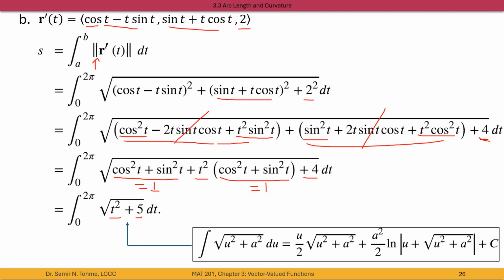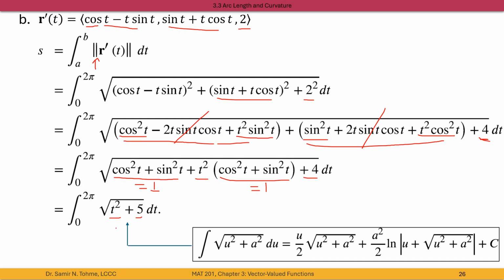integral using this identity. I wrote it here. You don't have to memorize it. Whenever you have some complicated integrals and you want to use an integral identity, I will give it to you in the problem, and it will be given.